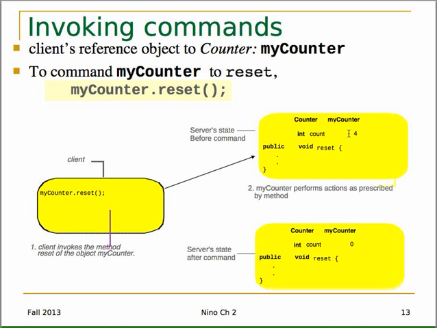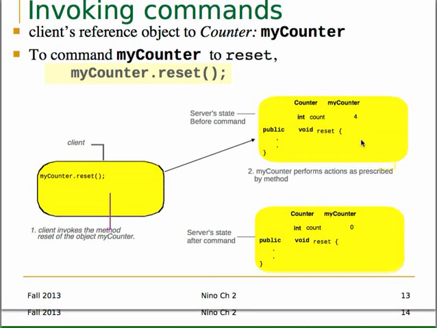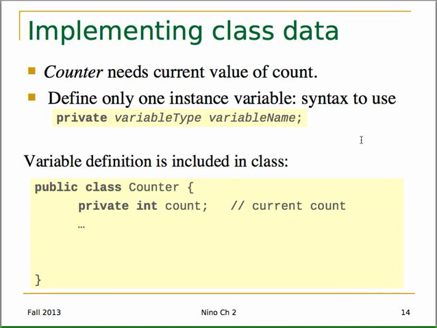Remember that the instance data members, according to the book, in all their combinations constitute the state of that object. Counter just needs one value for count, so it just has one data member, or one instance variable.